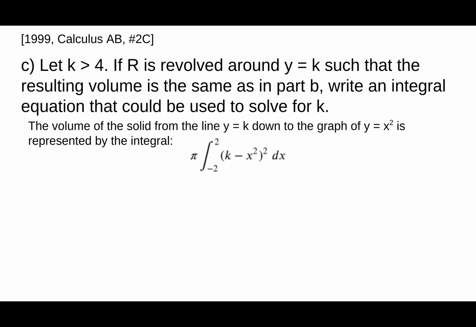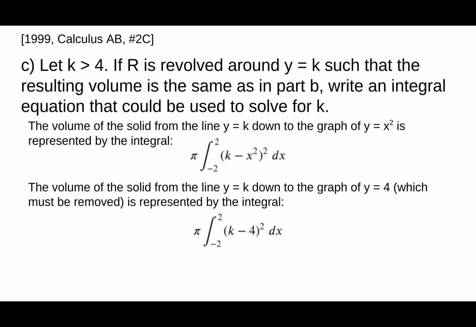If we ignore that fact temporarily, the volume of the solid generated by revolving around the line y equals k down to the graph of y equals x squared would just be pi times the integral from -2 to 2 of k minus x squared squared. All right, that would get us the volume of this giant disk with parabolic edge to it.